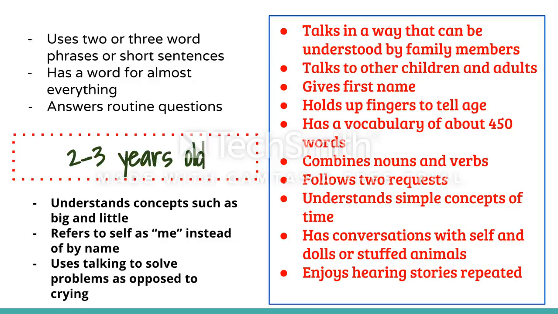And then they can follow 2 requests. So open the drawer and get your shirt. 2 things in a row that you're telling them. They should be able to do both. And then understand simple concepts of time, like last night and tomorrow. And they will have conversations with themselves and a doll or stuffed animal while they're playing. And then they like to hear stories repeated.